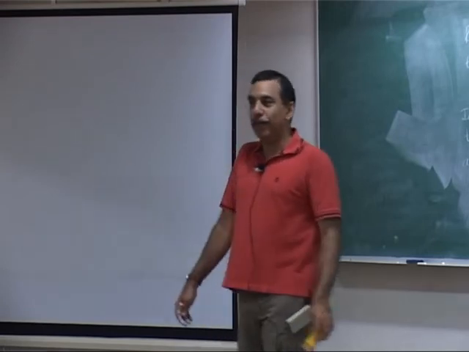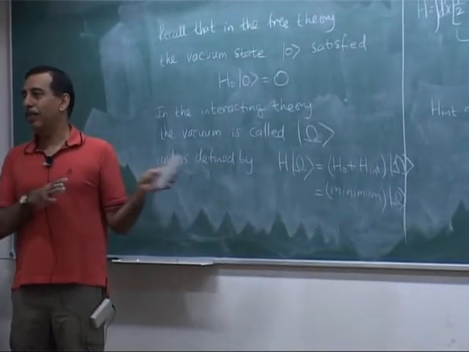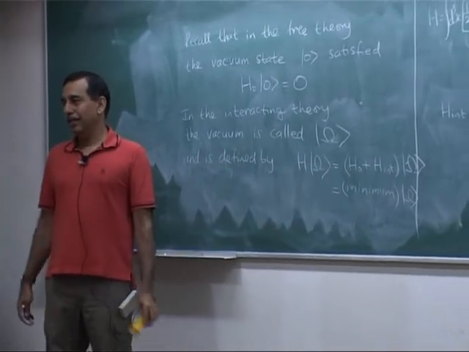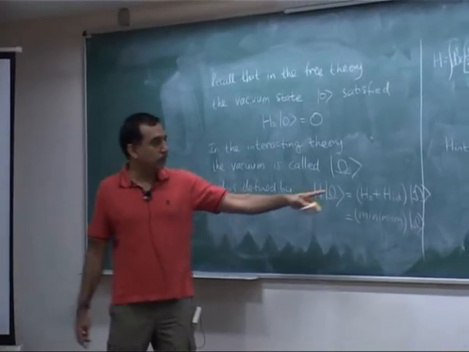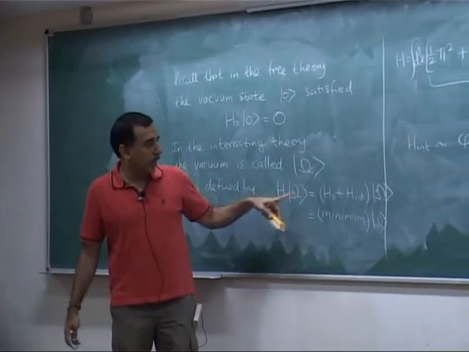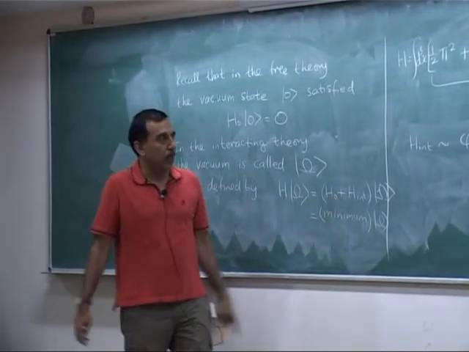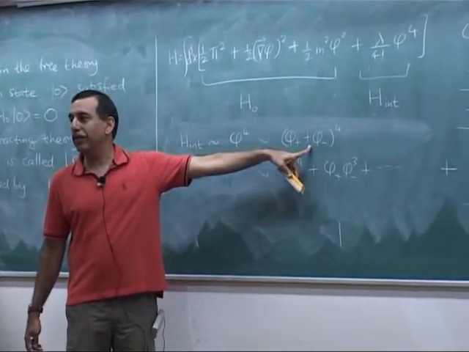The point is, if you could diagonalize the interacting Hamiltonian, then your definition of particle would be whatever states the interacting Hamiltonian has, and then the vacuum should have nothing. But because of this crutch that we always use, that H is expressed in terms of H0 and H int, I am expressing the interaction Hamiltonian in terms of the free field.